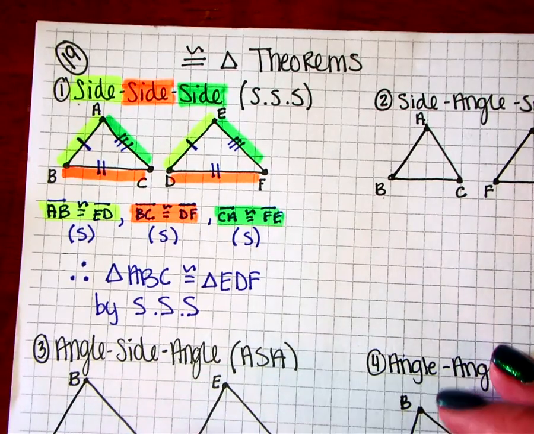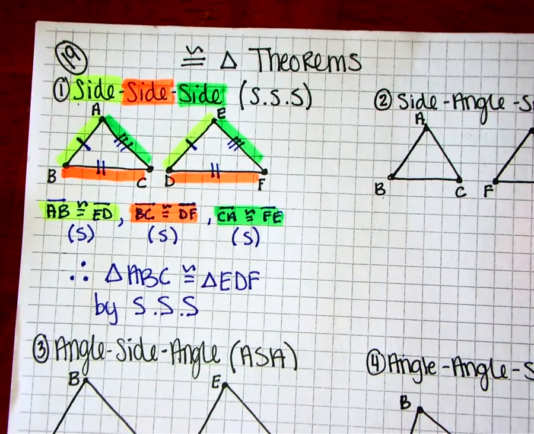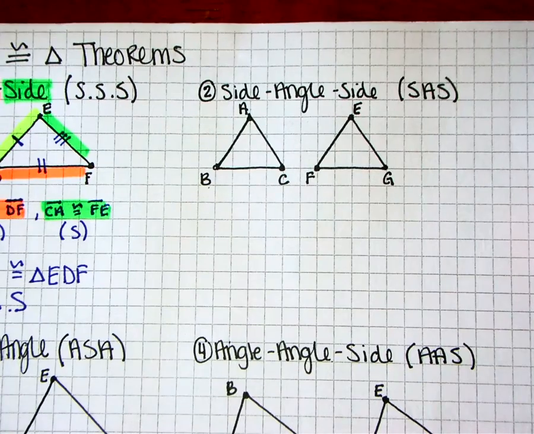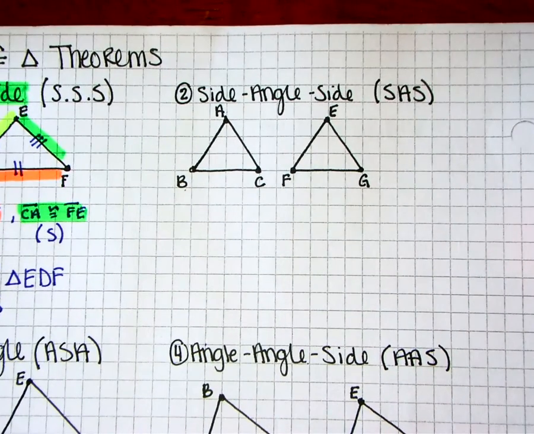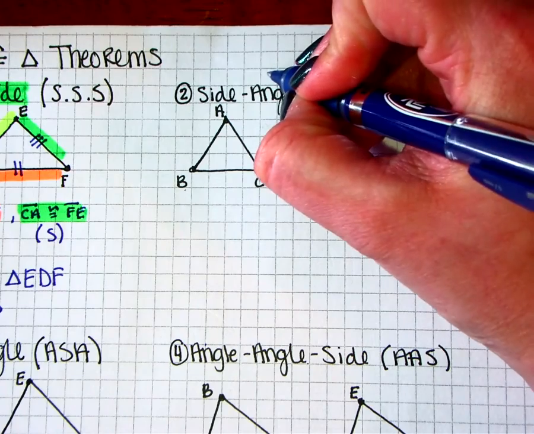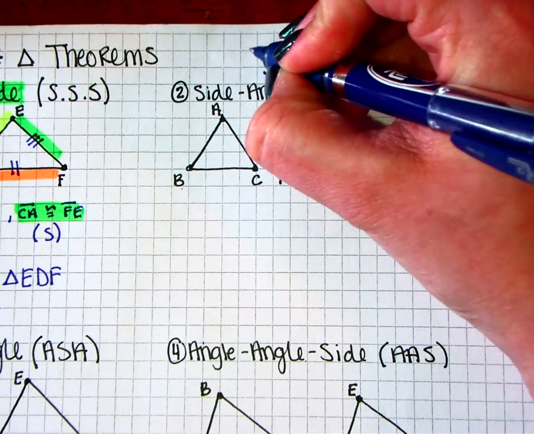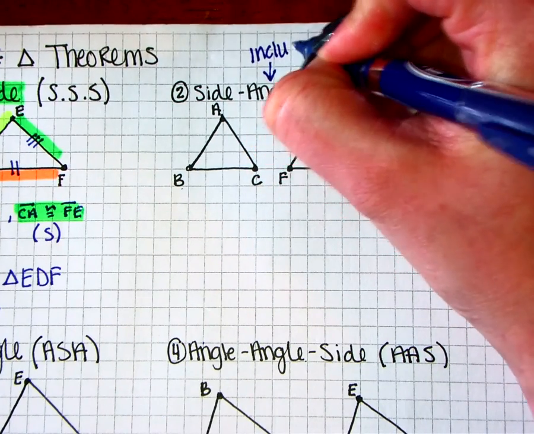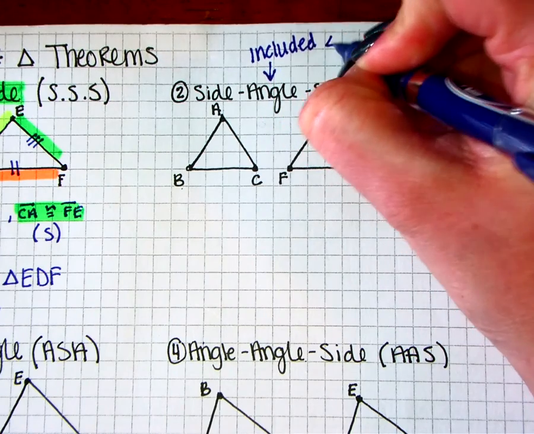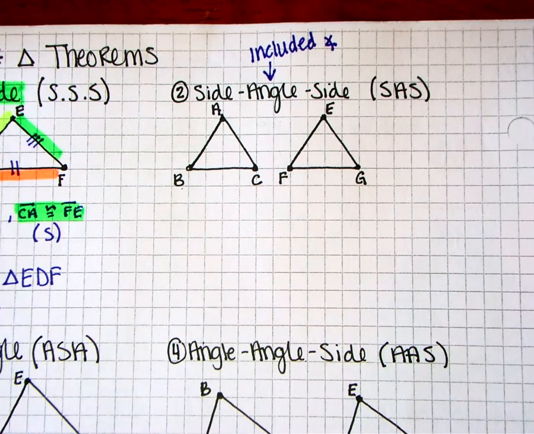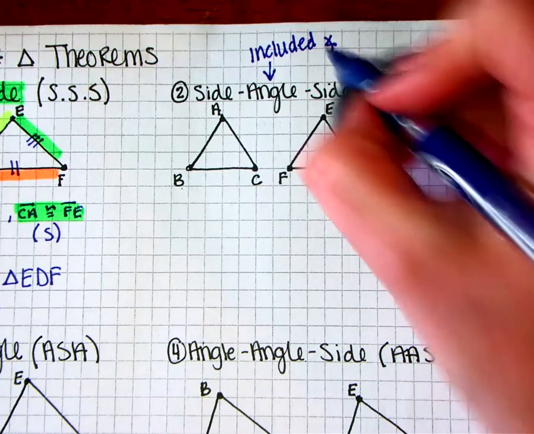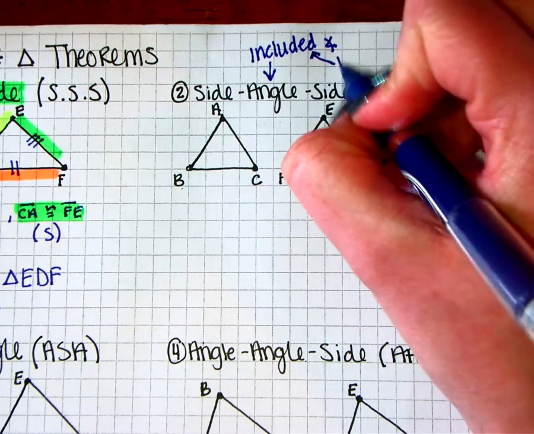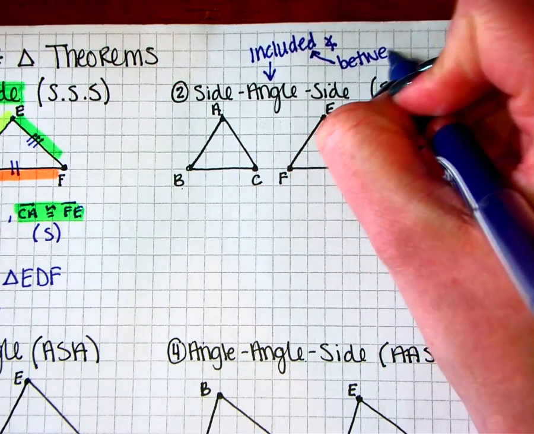All right, let's try 2, side, angle, side. Now, we're going to learn one new vocabulary word called included. So this angle is called an included angle. So side, angle, side. The term included means between.